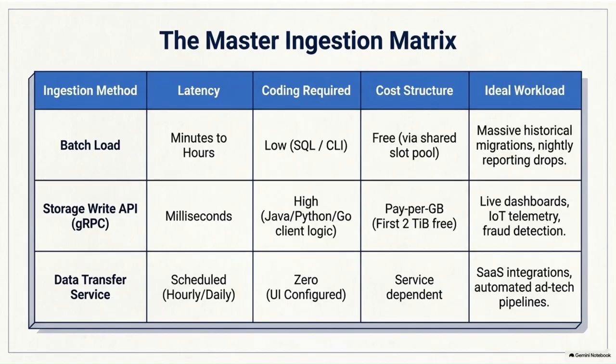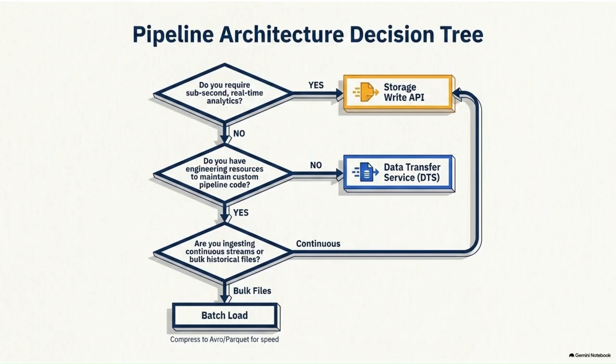You should go with Storage Write APIs. Data transfer service is best for SaaS integration and automatic ad tech pipelines. So if you already have a SaaS product, think about data transfer service and the connections with BigQuery.